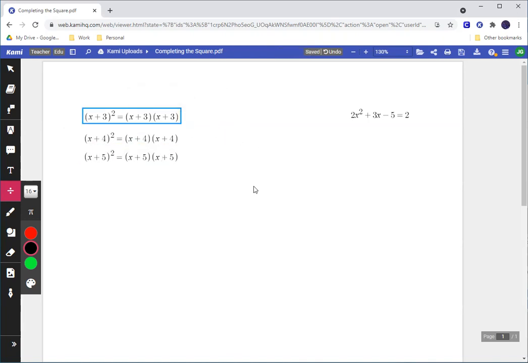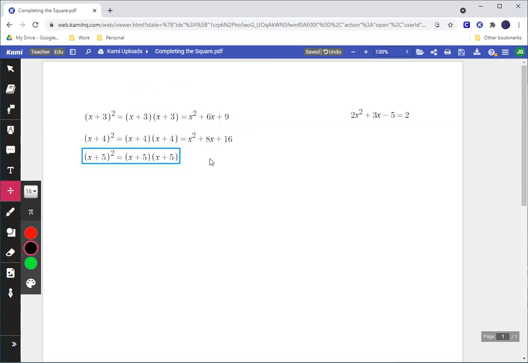Now, we can use our knowledge of how to multiply binomials in order to multiply these out. If we multiply x plus 3 times x plus 3, we'll get x squared plus 6x plus 9. And then with x plus 4 times x plus 4, if you multiply that out, you're going to get x squared plus 8x plus 16.